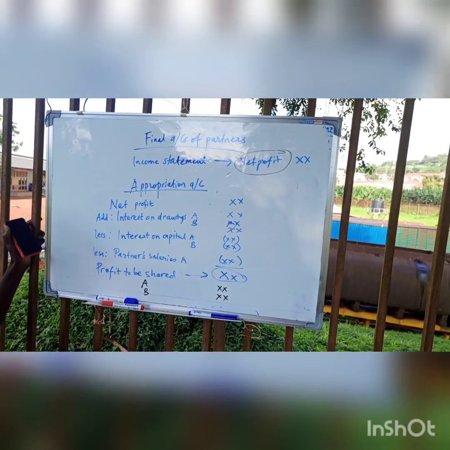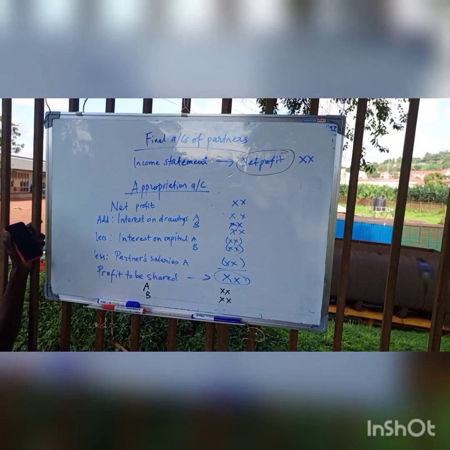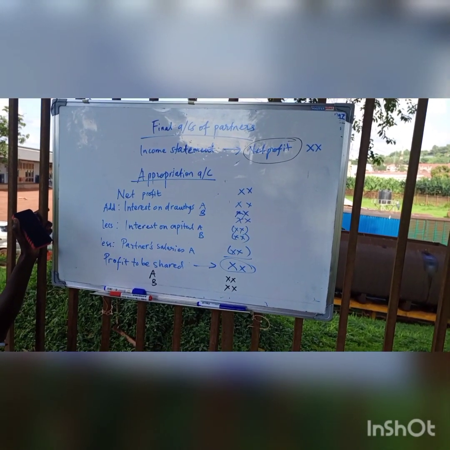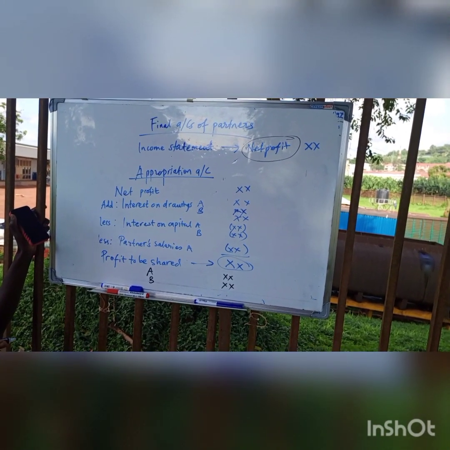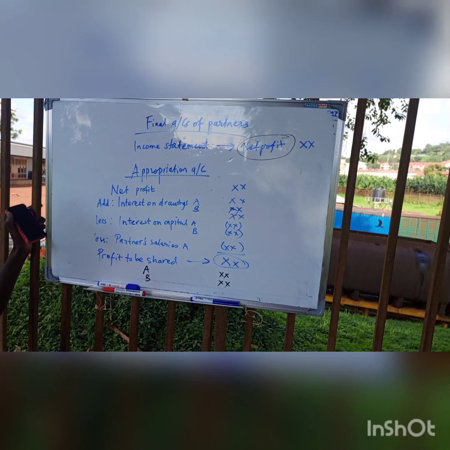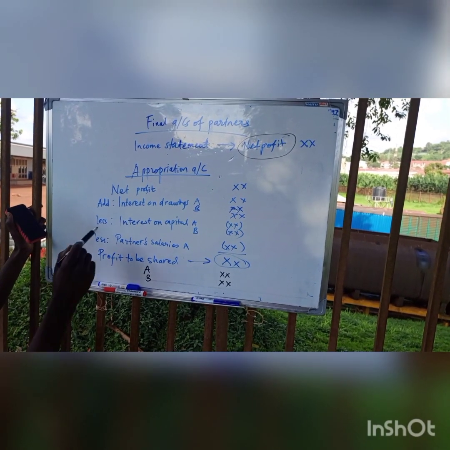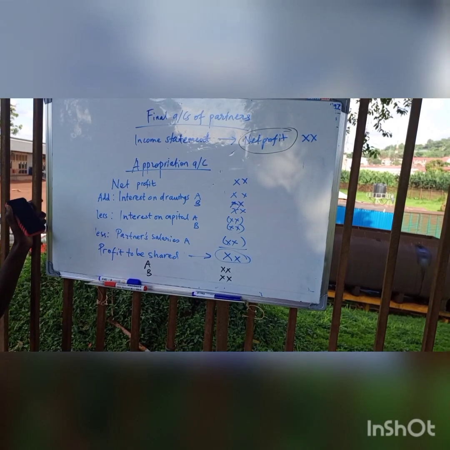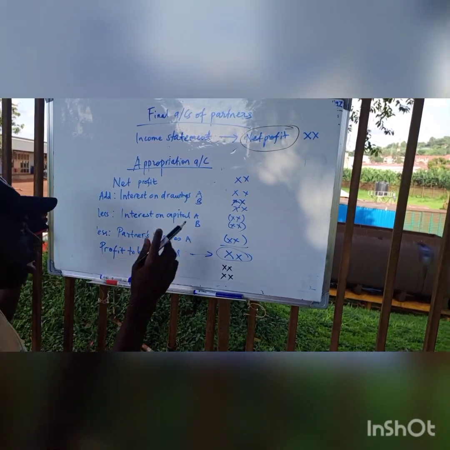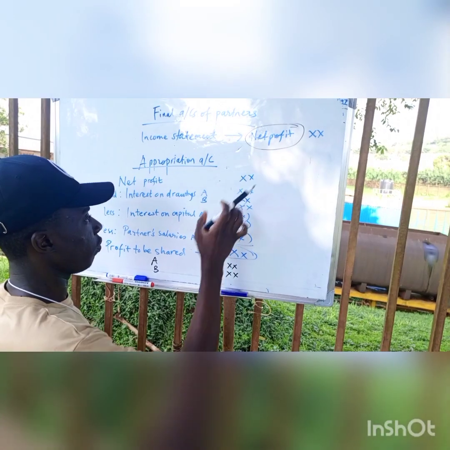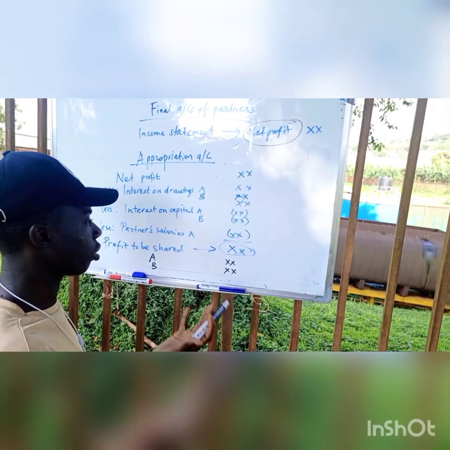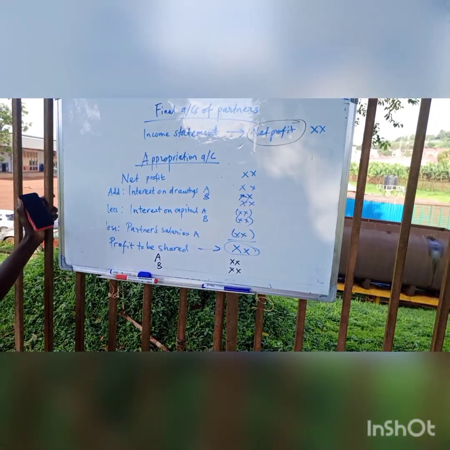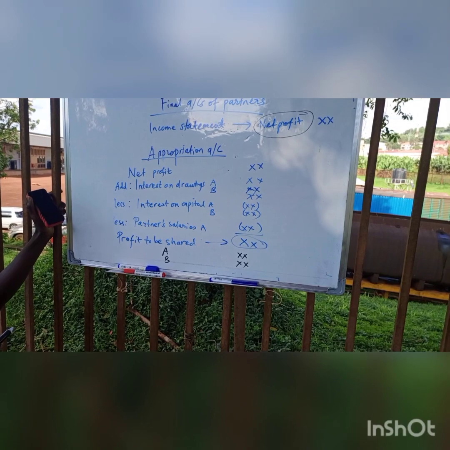You may find that some partners drew money from the business, so they are supposed to pay the business some money because of drawing money from it, which is the interest on drawings. We charge them interest on drawings, so it increases our profits. That's why we add it to the net profit figure. It is the partners paying the partnership back.